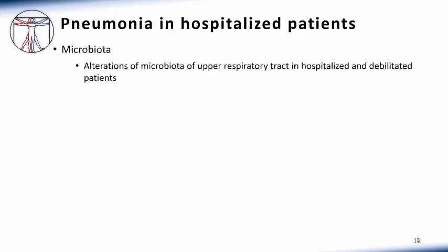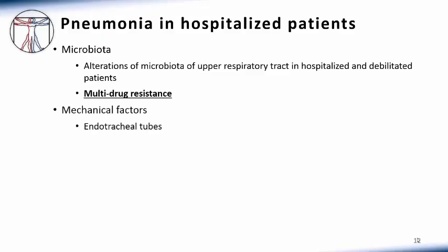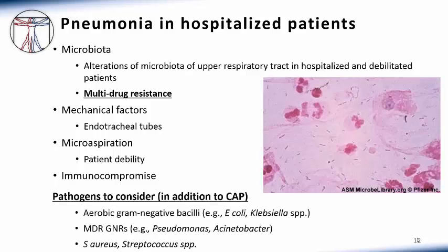Hospitalized patients represent a specialized and important group of patients who can develop pneumonia. The microbiota of hospitalized patients undergoes predictable alterations that put them at risk for different pathogens that must be considered, including some multi-drug resistant gram-negative rods. Mechanical factors, including endotracheal tubes and patient debility resulting in increased risk for aspiration, as well as immunocompromising disorders, also make hospitalized patients at high risk for consideration of different organisms than those in patients developing pneumonia from the community.